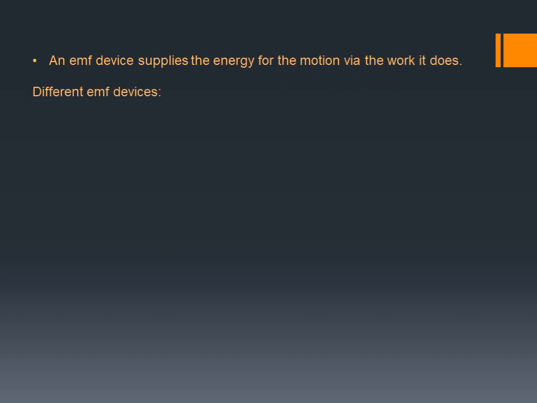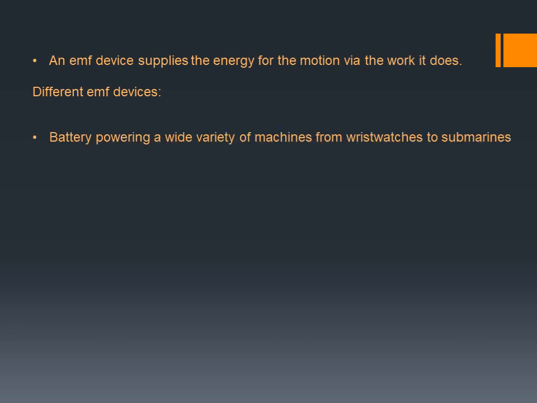How? There are different EMF devices. For example, a battery is an EMF device, and it powers a wide variety of machines, from wristwatches which we fasten on our hands to submarines.